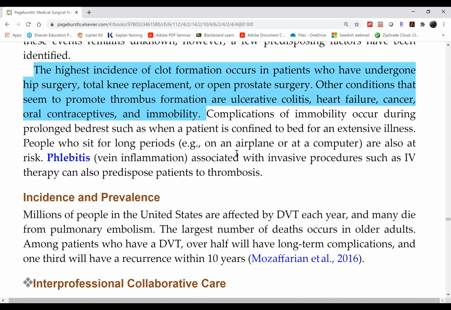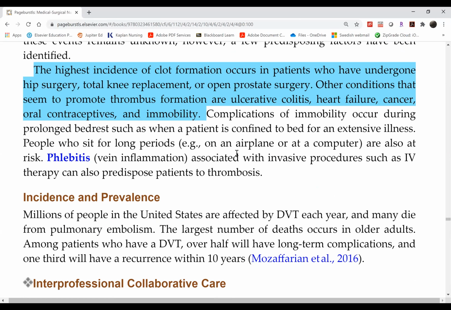Therefore, for all your hospitalized patients, give me one intervention to decrease the likelihood of blood clots. Keeping them mobile. All right, so if you can get them to walk, that would be great. Do not allow them to sit around unless of course they can't. Let's say it's a paraplegic.